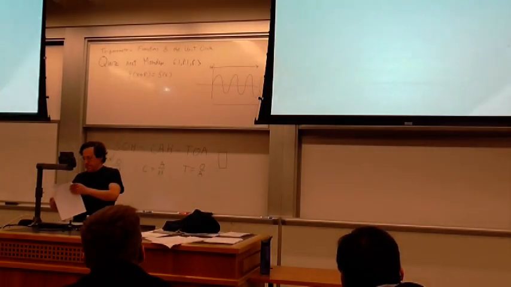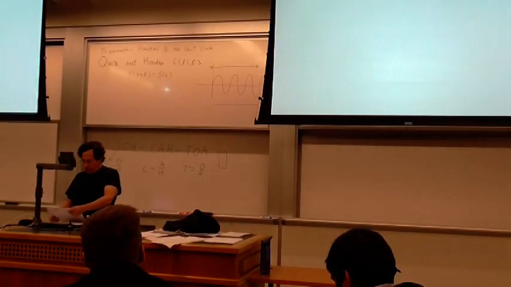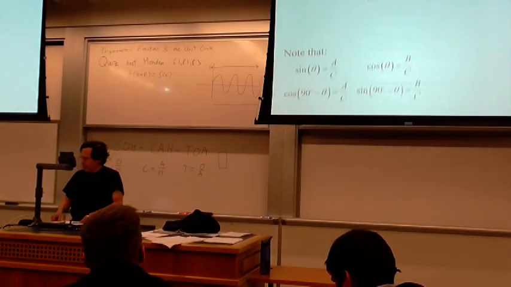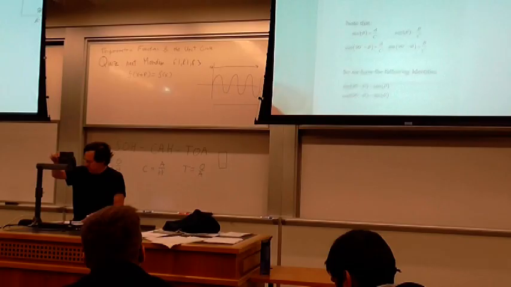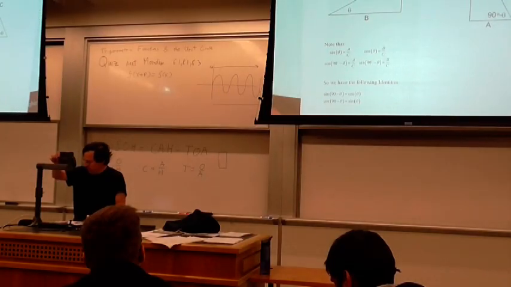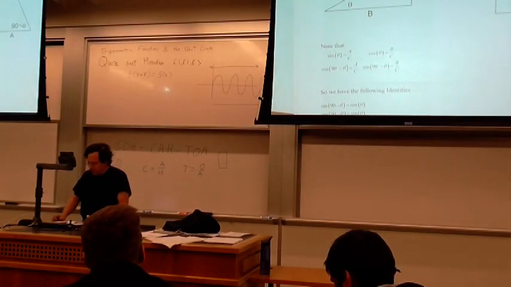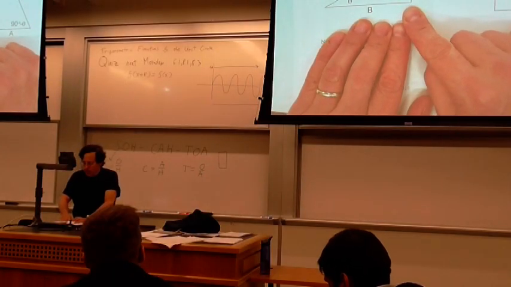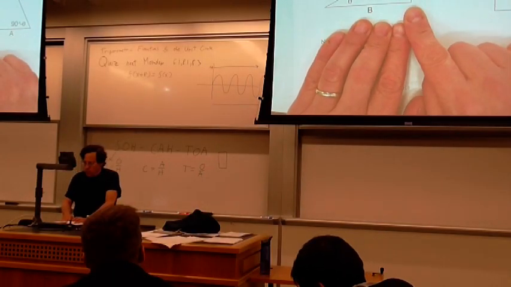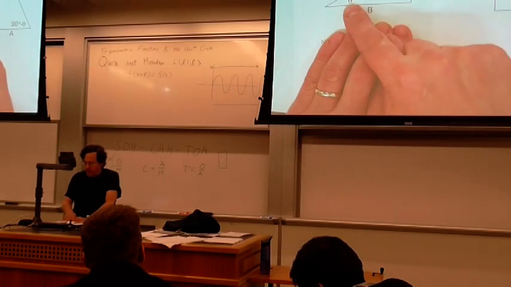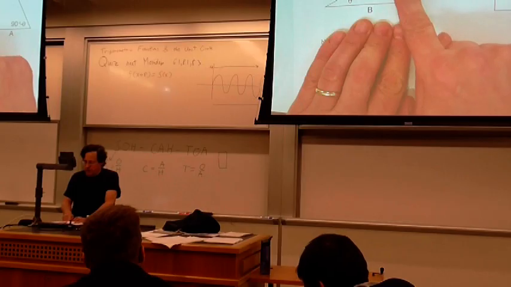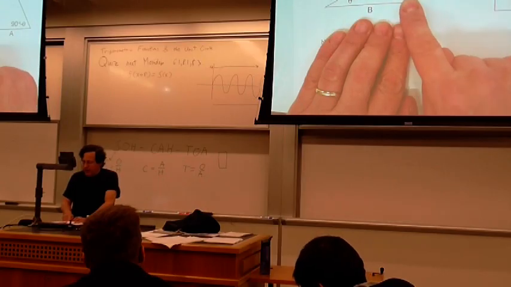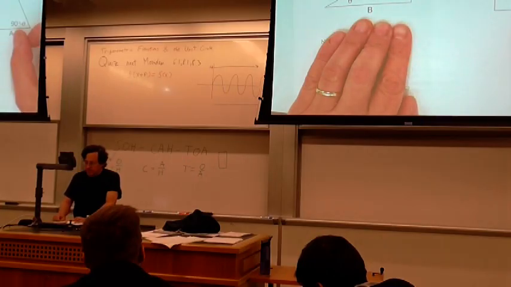Okay, there's one more thing I want to point out, which came up a little earlier. If you look at a right triangle with angle theta, you know that the other angle, not the right angle, is 90 degrees minus theta.